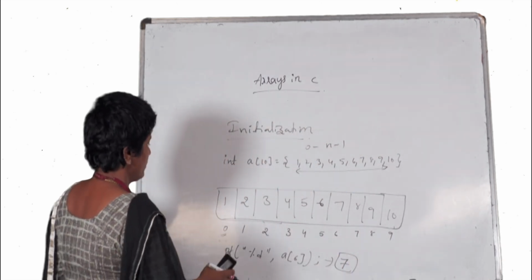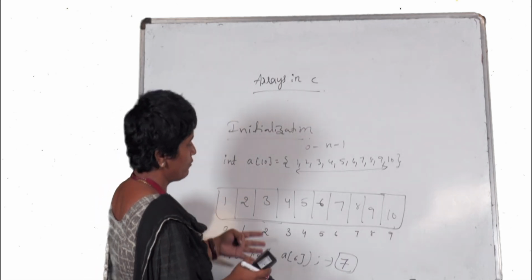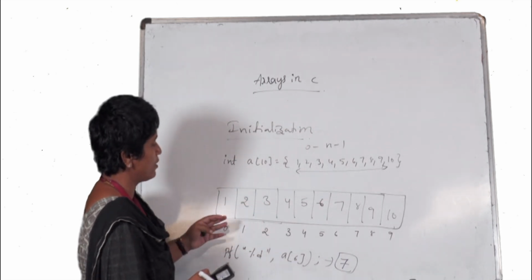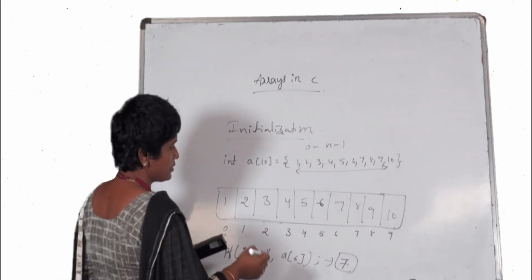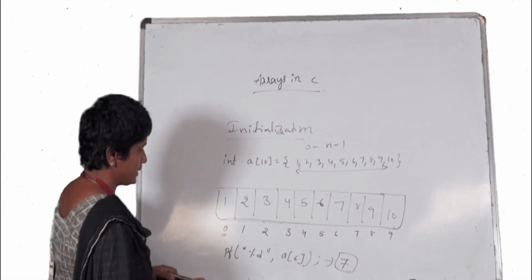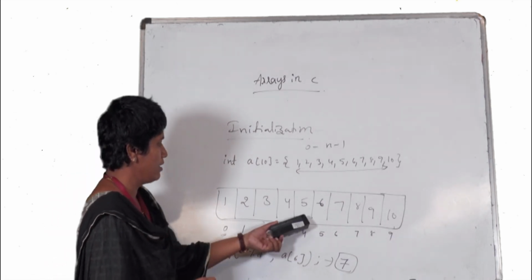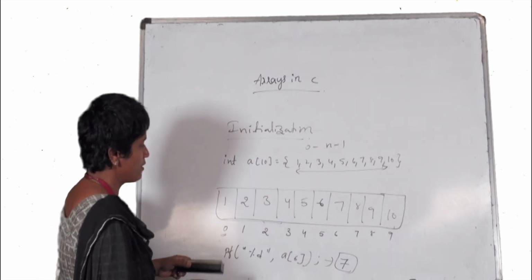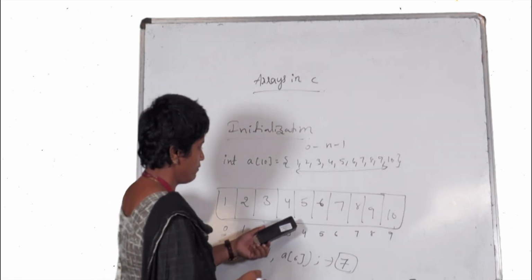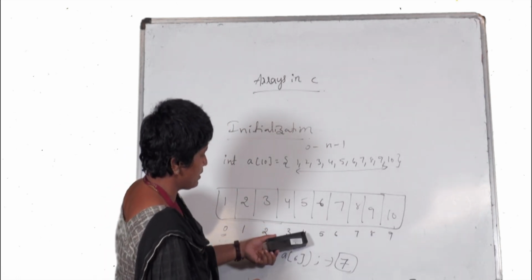So how do we modify the array elements? Modifying is also based on the index number. Suppose I want to modify the value 5, which is at index number 4.